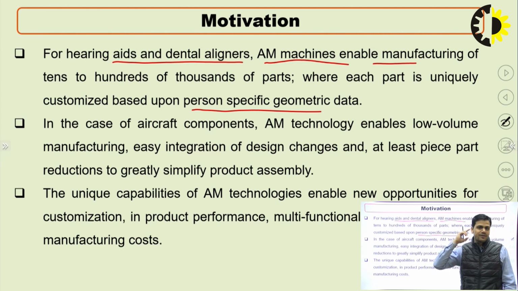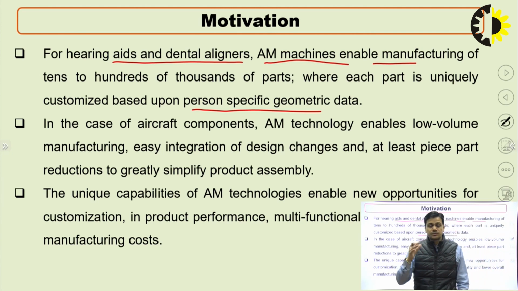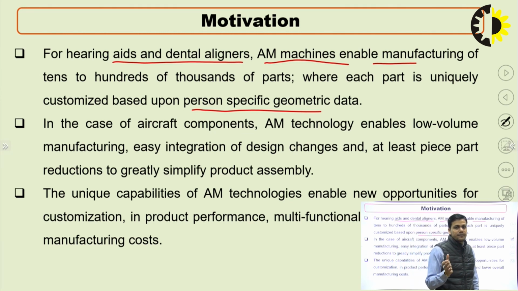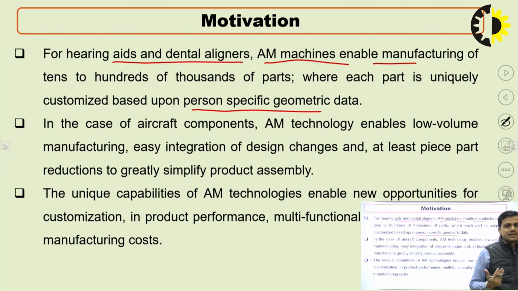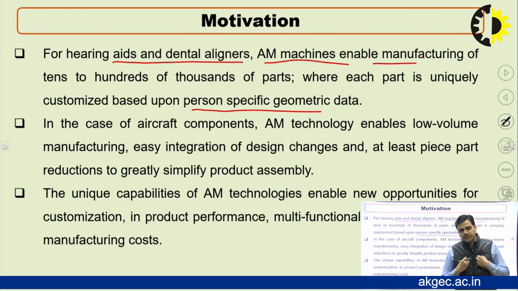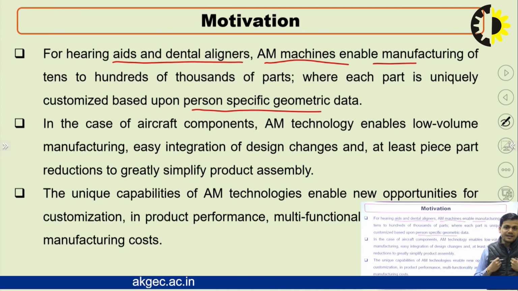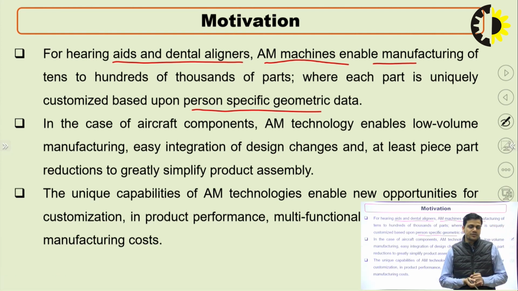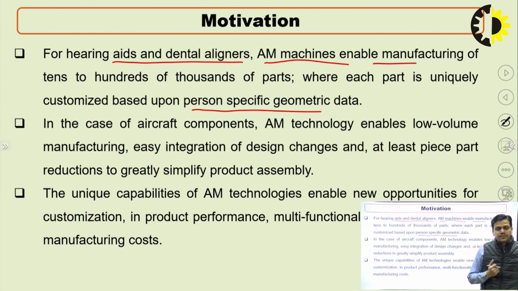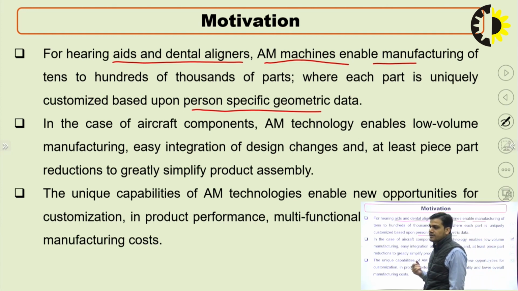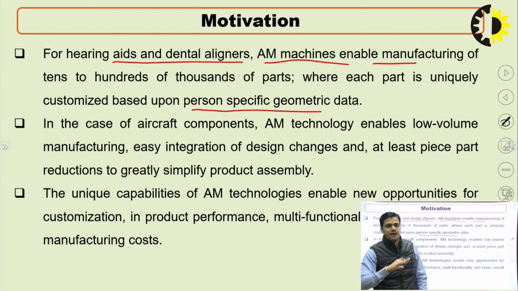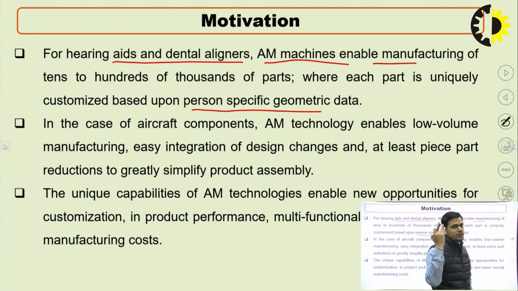But if we go to the market, we get only a specific type of hearing aid. If you require a hearing aid made according to you, how can you get that? You can get it by using additive manufacturing. You can have a scan of your ear, convert that scan into CAD, and after that convert it into STL, and find your product.